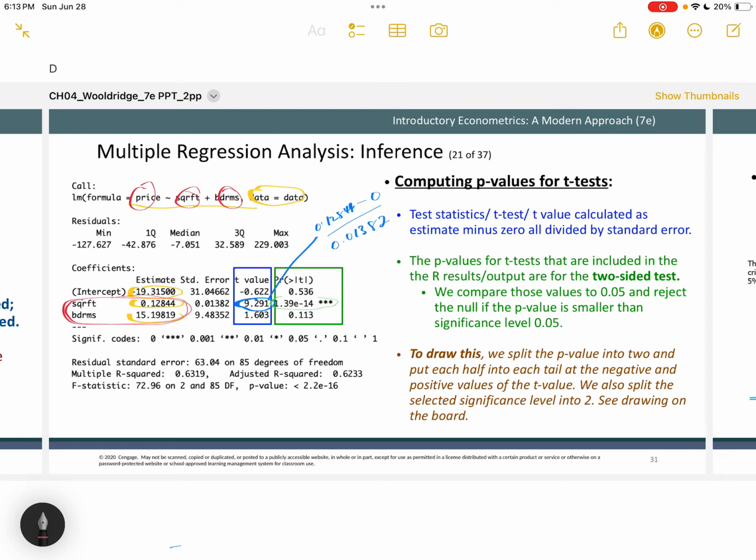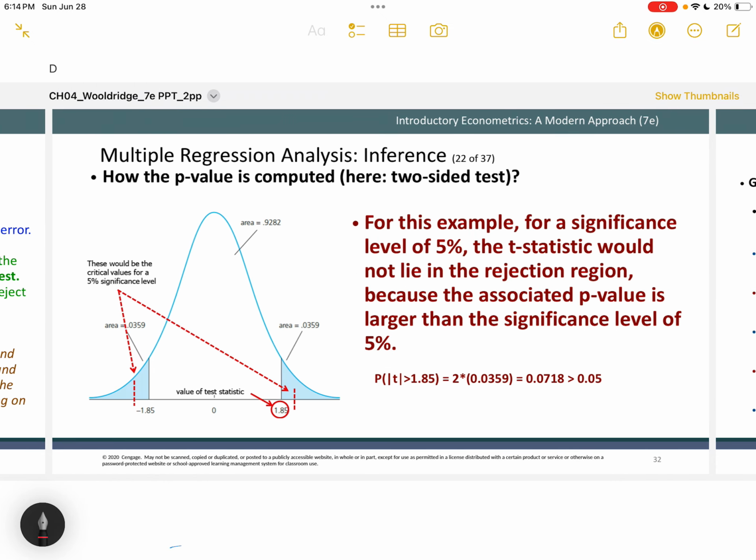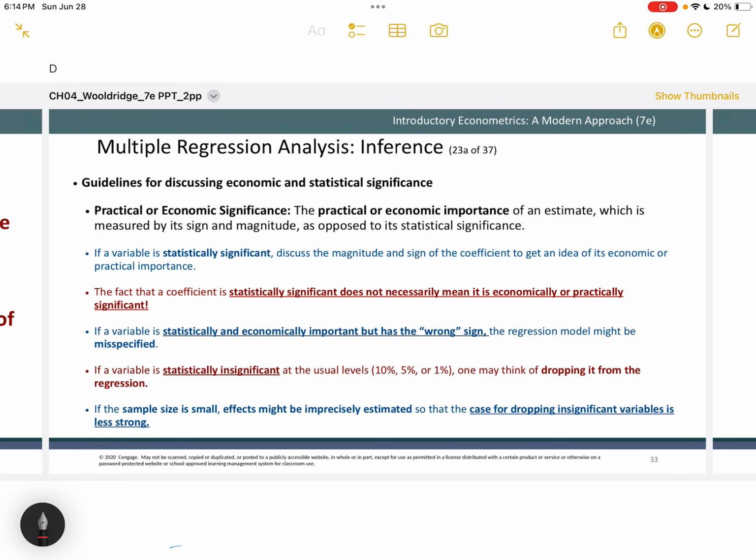So if the estimate on square feet has a negative sign, we should be worried that there is something wrong. And if the coefficient on bedrooms has a negative sign, we should be worried. Here they are both positive signs, so we are not worried.